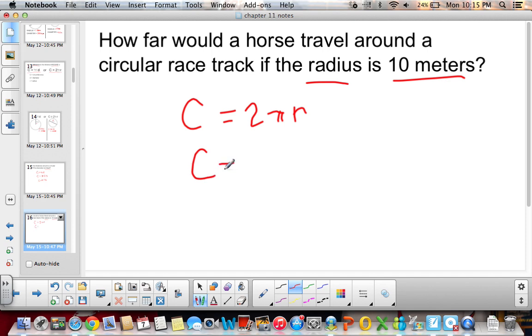So C equals, right away I know in my head that we're going to go 2 times the radius, but I'll just write it in this order. 2 times 3.14 times 10 equals the same that we just did before. So 20 times 3.14, and we get 62.8 meters.